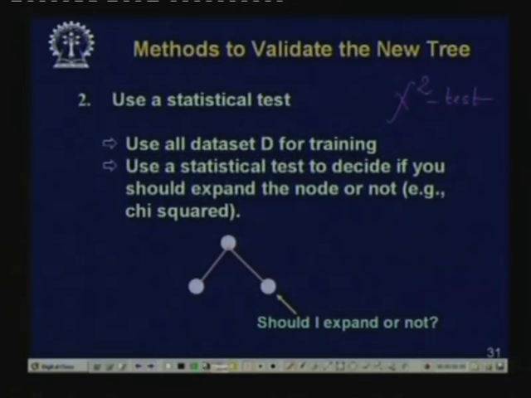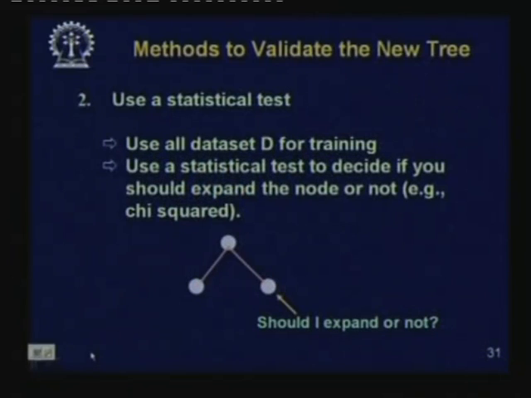In this method we use all the data for training, and then we use a statistical test to decide if we should expand the node or not. Suppose you have grown this tree; statistically, is there any benefit in expanding this node? We will not deal with this further. Several statistical tests can be employed.